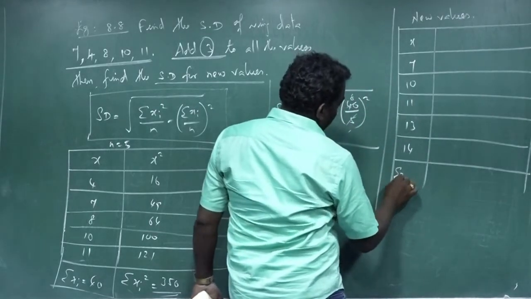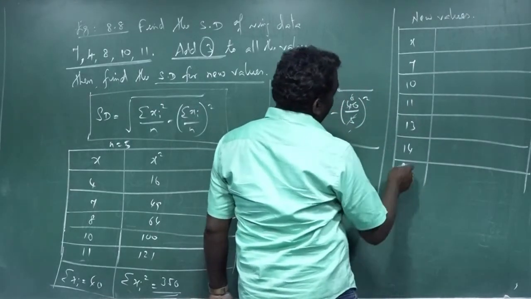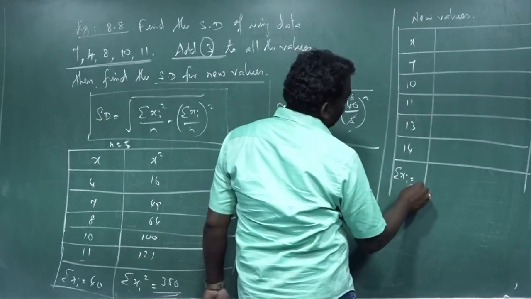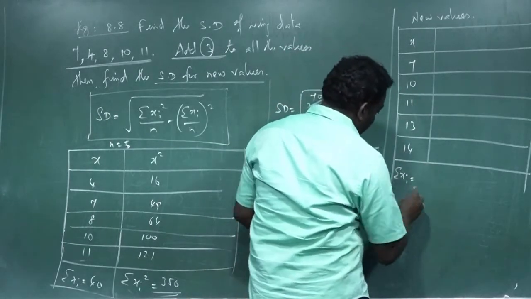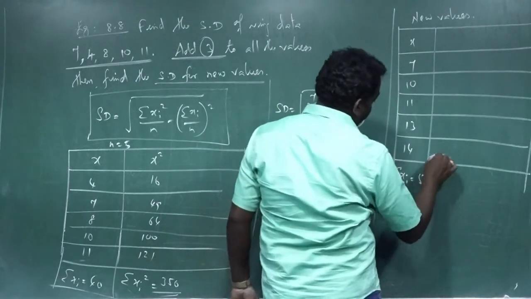Now summation xi, adding these numbers, the total becomes 55.